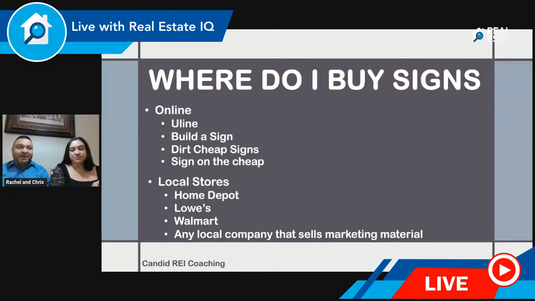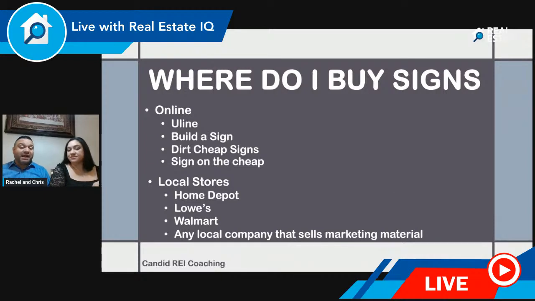Now, if they're 10 for $100, then you might want to reconsider where you're buying, right? Local stores, Home Depot, your Lowe's, your Walmarts, any local company that sells marketing material. A lot of these places, Signorama, you can walk in and say, hey, I need 100 signs. And if you buy from them consistently, most of the time they will give you some kind of discount. So play with it, see where you're at.